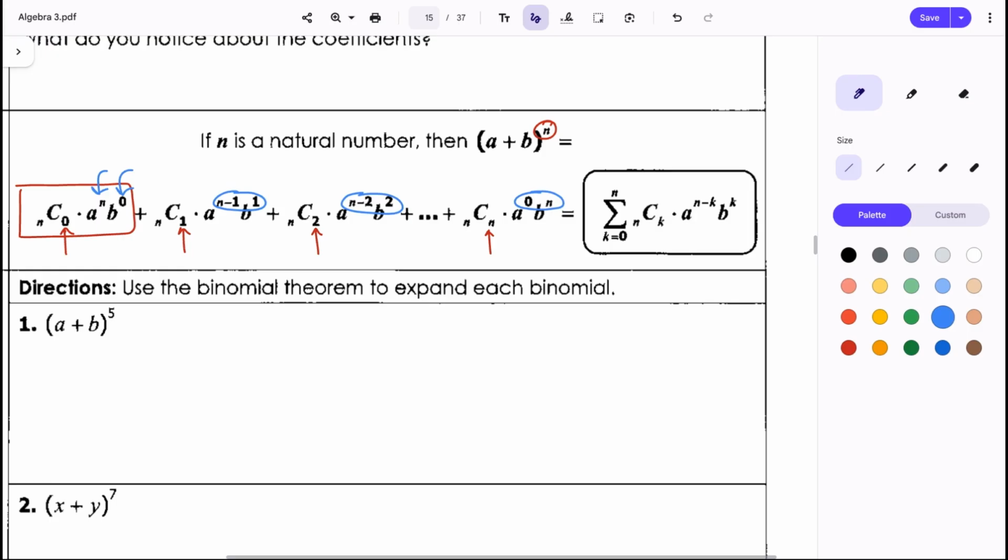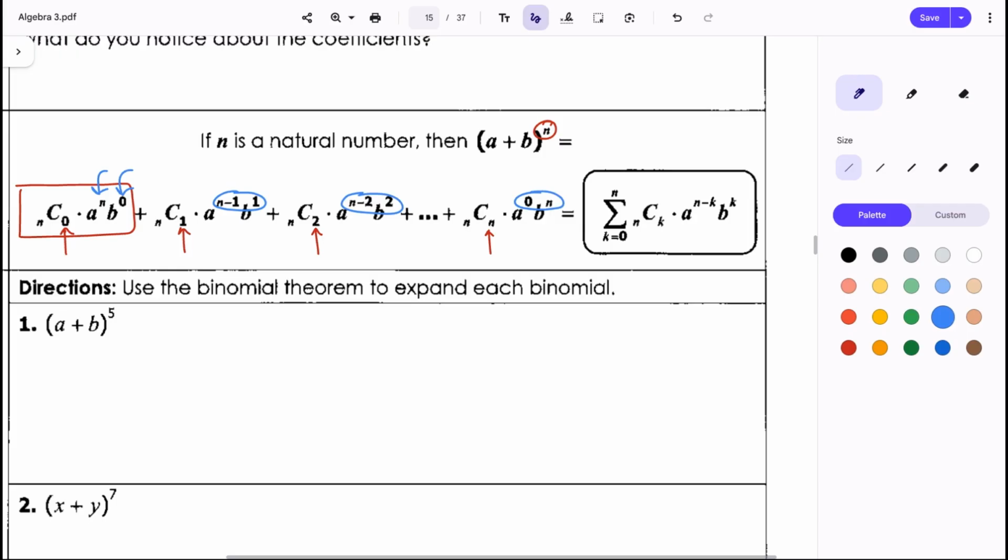Okay? So again, this is showing you guys the really longhand way that they did this a long time ago, before they had things like calculators to help them along. Okay? However, last year, when you learned about Pascal's triangle, you maybe weren't expected to use combinations. We taught you guys a different method in Algebra 2 in order for you to be able to do this a little bit shorter.